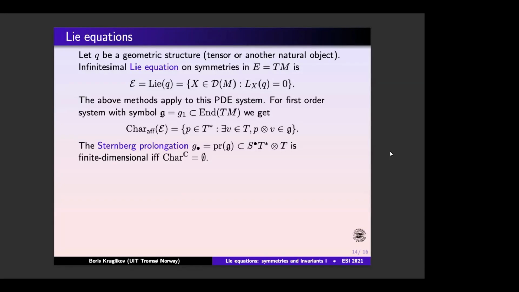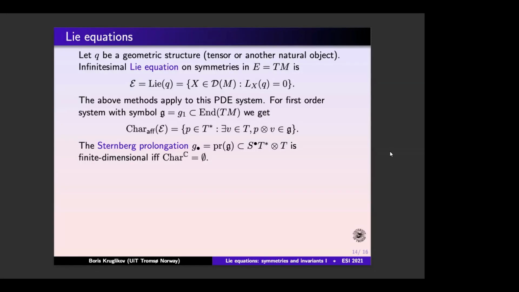It will be such covectors that multiply by something in the symbol, and that's what's called rank 1 matrices. So this G has to contain rank 1 matrices. So the characteristic variety from the previous slide precisely corresponds to the support of rank 1 matrices, because there's a tensor of the kind P tensor V, you just take the covector part. There can be several vector parts indeed.